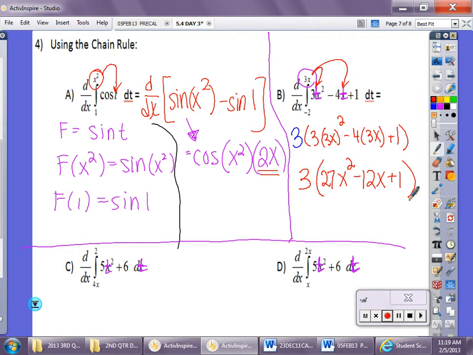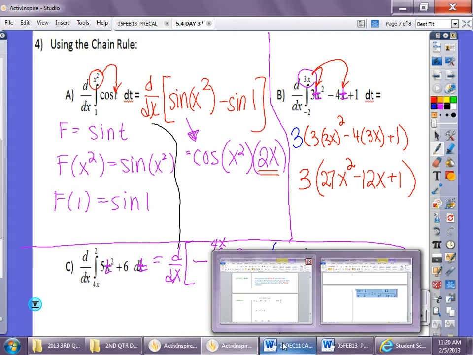All right, letter C. Same thing. But something's wrong with C. We got to flip it. So I'm going to flip it and do the negative of 2 to 4x. It is negated, maybe, would be a better word. Who am I? I make up words all the time. All right.